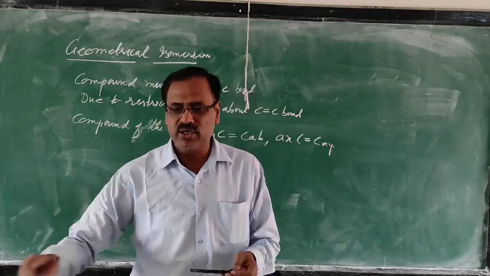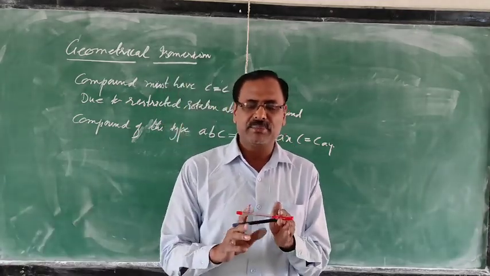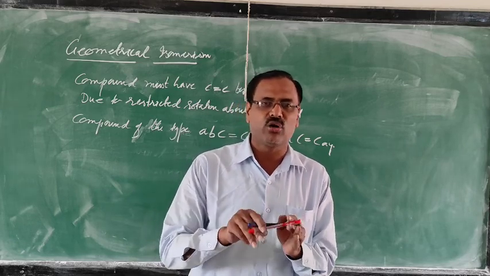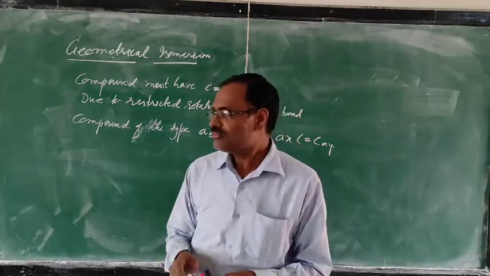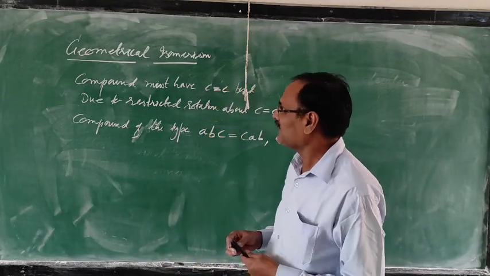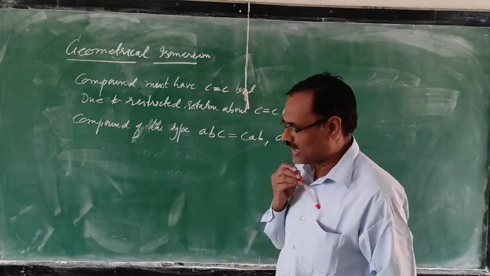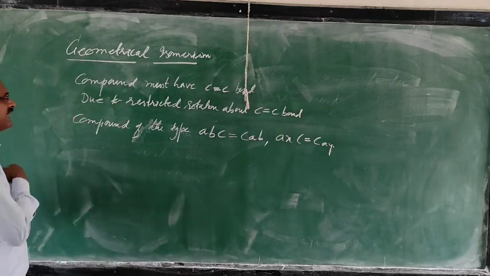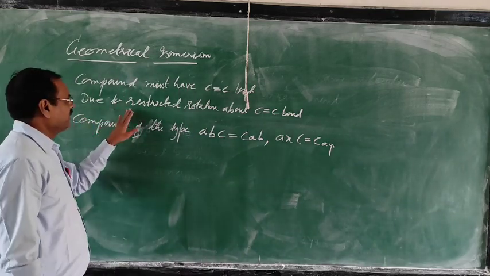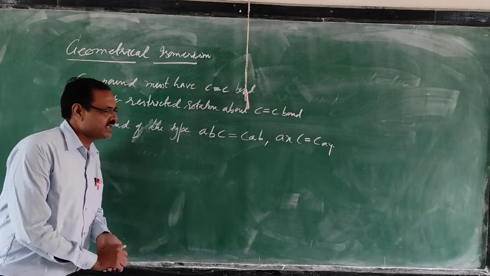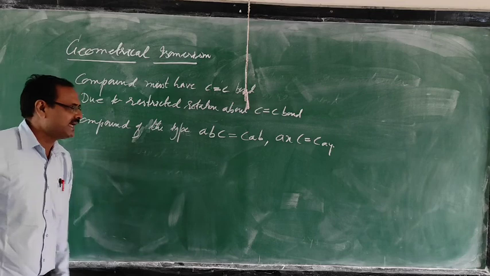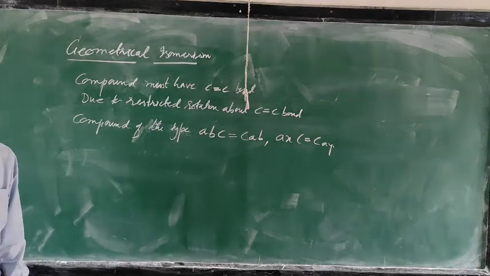But if the double bond is there, restricted rotation will be there, free rotation will not be there. So organic compounds must have the carbon-carbon double bond, and this is due to the restricted rotation about the carbon-carbon bond, and compounds of this type will show geometrical isomerism.